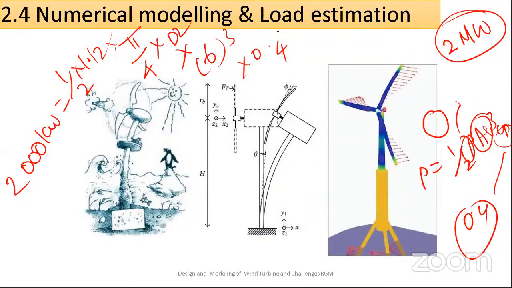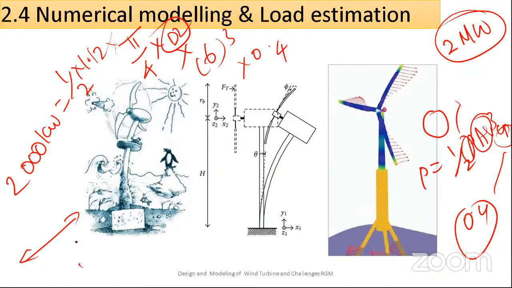What is the unknown quantity here? Only the d square. Can you now calculate the d square? From this you can find out the d square, and finally take the root of this value, then you will find the d. Now we will find out the length of the blade. Then you know the length of the blade, right?